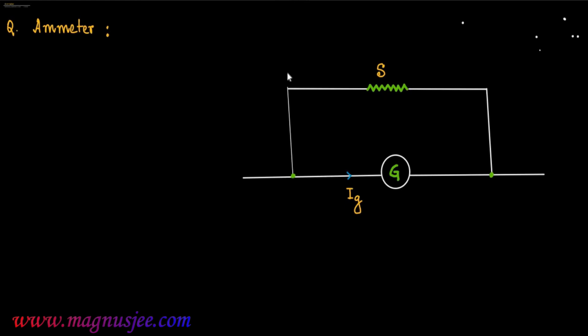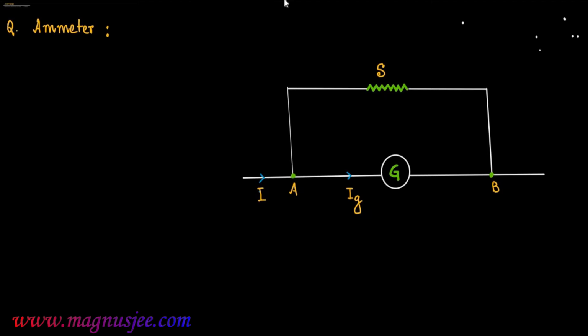We can denote the galvanometer G, and its two terminals are A and B. Across these two terminals, the low resistance, that is the shunt S, is connected.